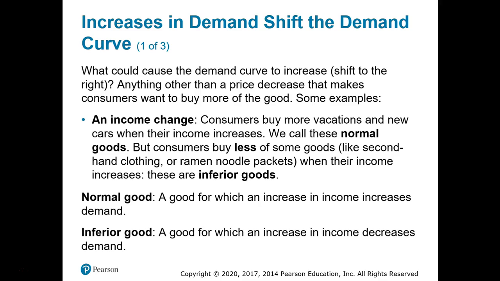But consumers buy less of some goods, like secondhand clothing, ramen noodles, frozen goods as opposed to restaurant goods, when their income increases. These are inferior goods. They don't want to buy them when they get a pay increase. They want more than normal goods.